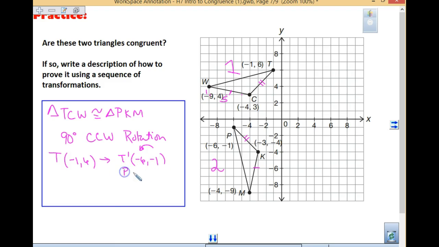Which, in our case, is P, right? So does T automatically match up to P? Yes, exactly. If we look at -9, 4, -4, 9, that would do the same thing. And same thing with K. So this one is only one thing, a 90-degree counterclockwise rotation.